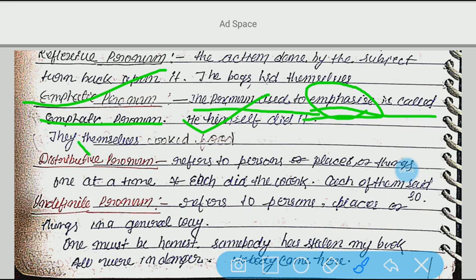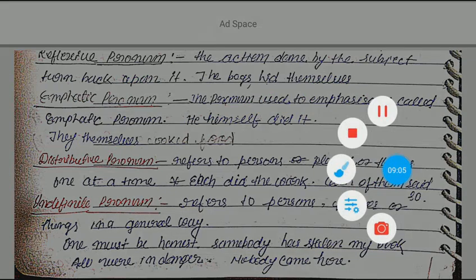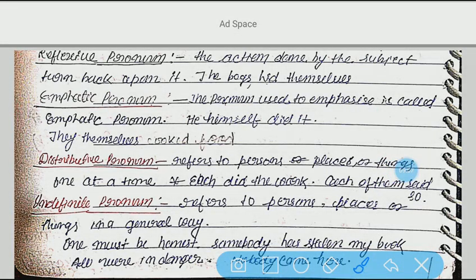They themselves cooked food. Here we are emphasizing. Just he, after that he himself, मतलब वह स्वयं. ठीक है. Similarly here, they themselves, उन लोगों ने खुद ही खाना बनाया.